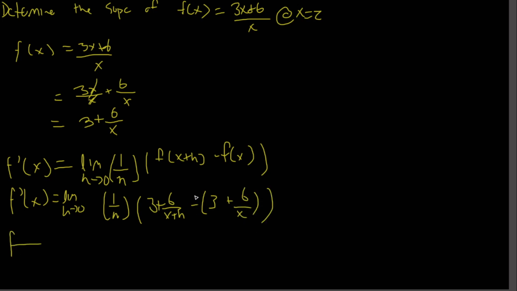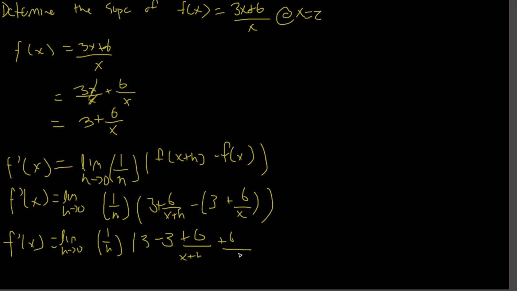And we just distribute the negative in here. So f prime at x would equal the limit as h approaches 0 of 1 over h times 3 minus 3 plus 6 over x plus h plus 6 over x. Our 3's cancel out here. And again, I'm running out of space, so I'm going to move to the right.